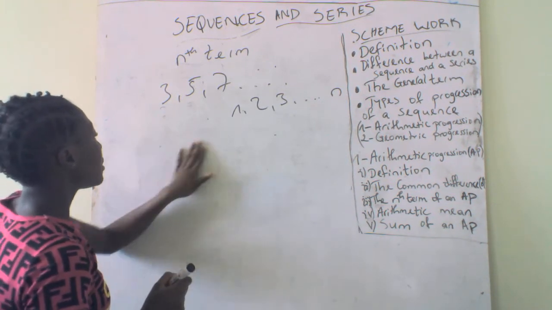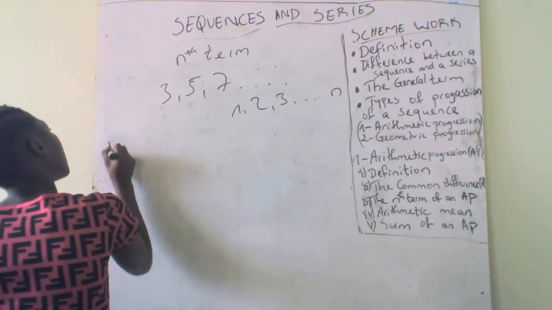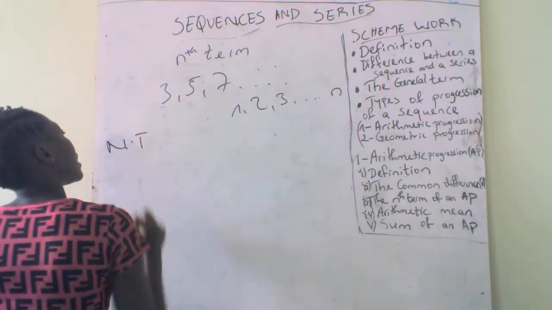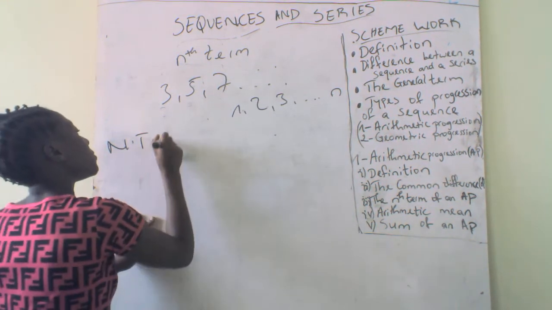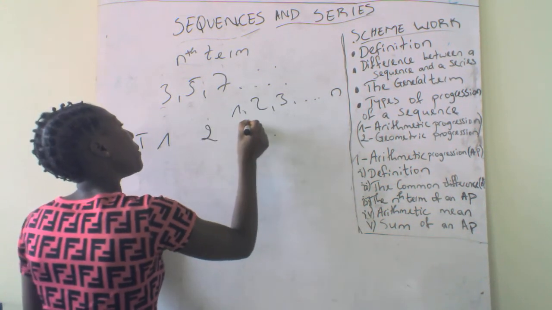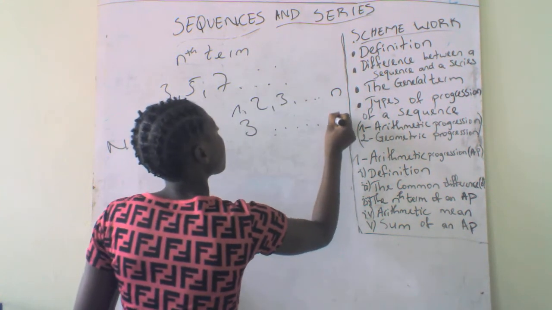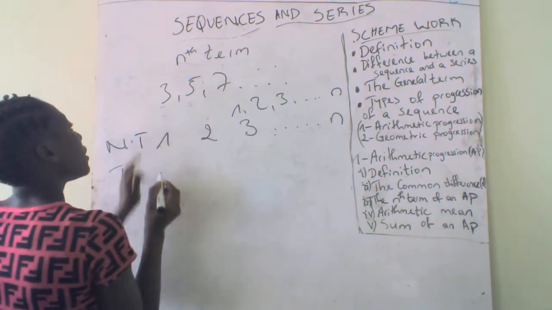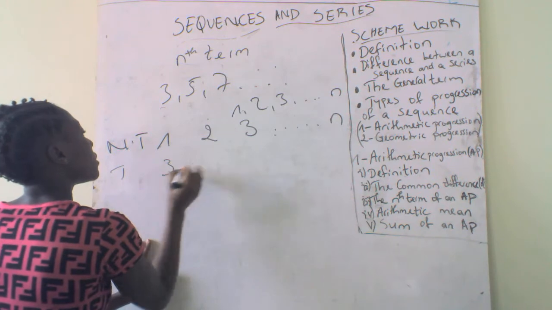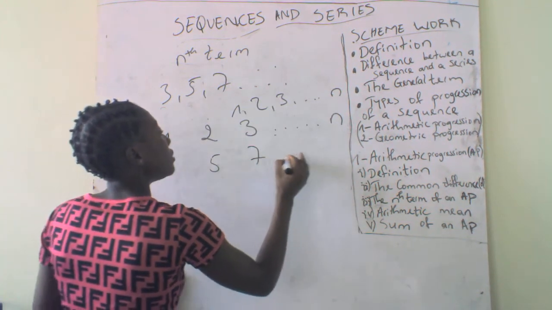Then, with the one-to-one correspondence, we have n standing for the number of terms, which is represented by the natural numbers. And then we have the corresponding terms, which are 3, 5, and 7.